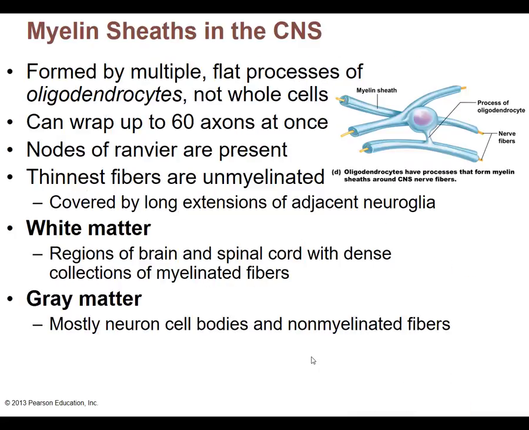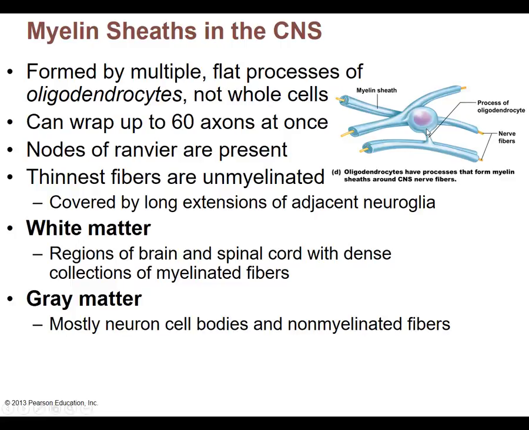Now in the central nervous system, a different cell makes myelin, and it's the oligodendrocyte. They have these long branches, and it can wrap around 60 different axons at once. This picture is just showing 3, but it can wrap around 60 different axons, depending on how many branches are coming off that cell body.